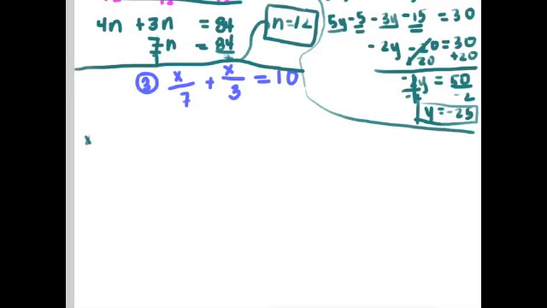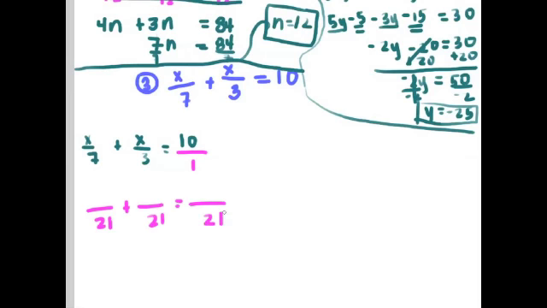So I have x over 7 plus x over 3 equals 10. Looking at these guys, what's my common denominator? Remember, this is over 1. Maybe the common denominator for this is 21. Alright, so to the 7, I times 3.